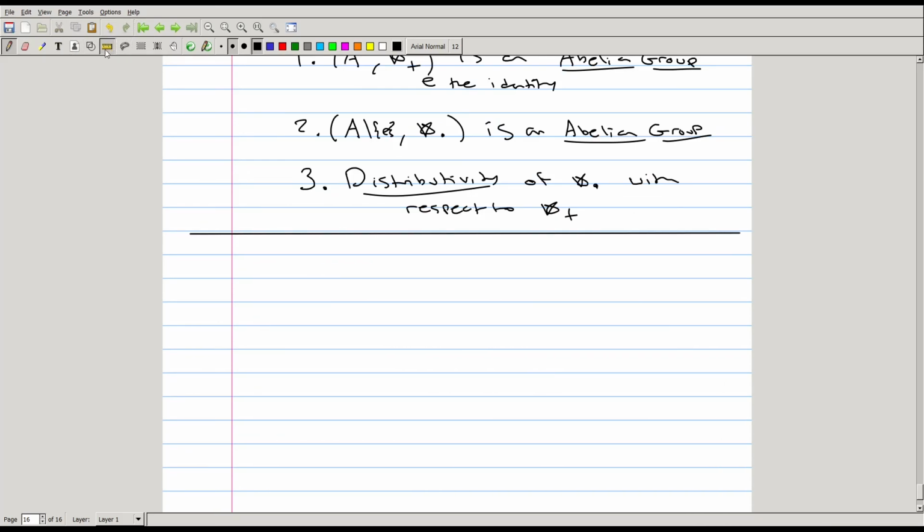And for some examples, we have that the rational numbers with normal rational addition and multiplication is a field. The real numbers with normal addition and multiplication is a field. And the complex numbers with normal addition and multiplication are a field.